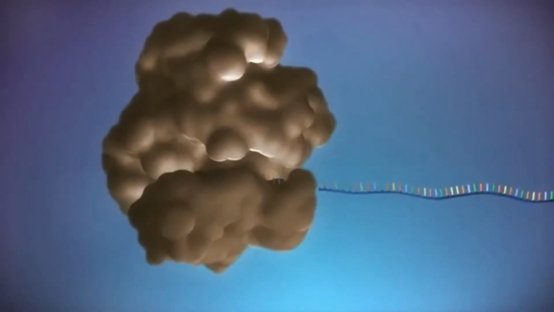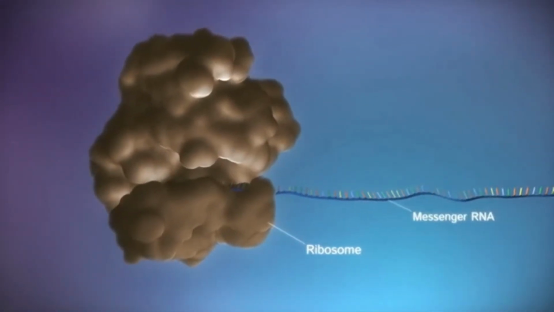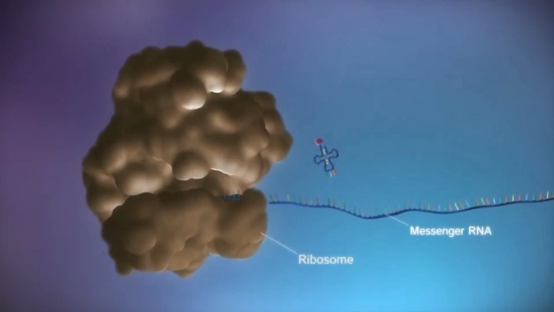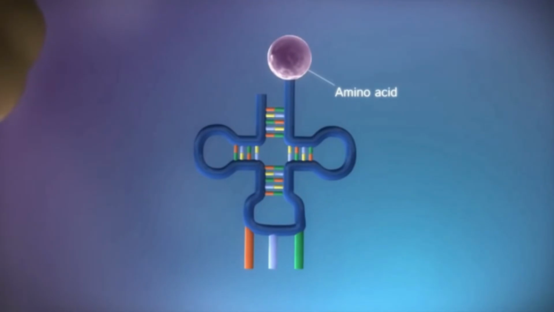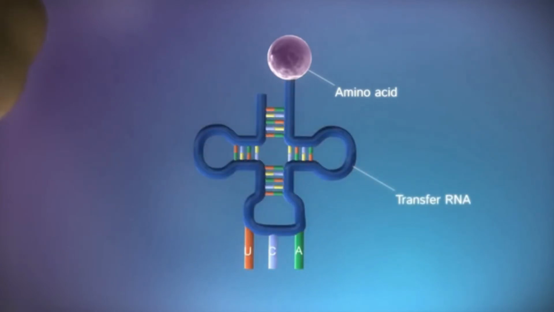Protein factories in the cytoplasm, called ribosomes, bind to the messenger RNA. The ribosomes read the code in the messenger RNA to produce a chain made up of amino acids. There are 20 different types of amino acids. Transfer RNA molecules carry the amino acids to the ribosomes. The messenger RNA is read 3 bases at a time.